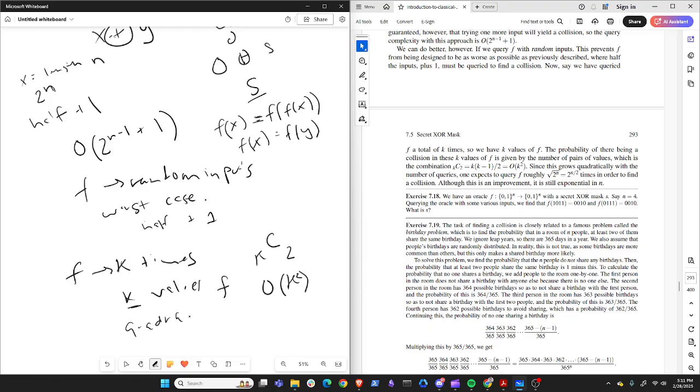I don't really think it's important to know the mathematics of this one in and out, honestly, but this grows quadratically with the number of queries. So we would query f square root of 2 to the n, or 2^(n/2), in order to find a collision. It's still exponential, however.